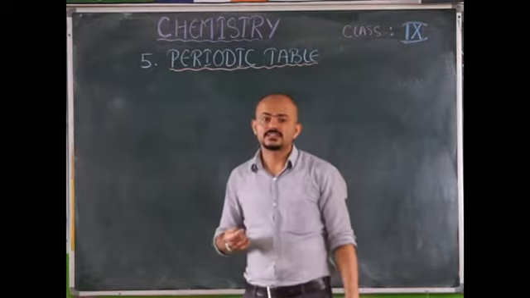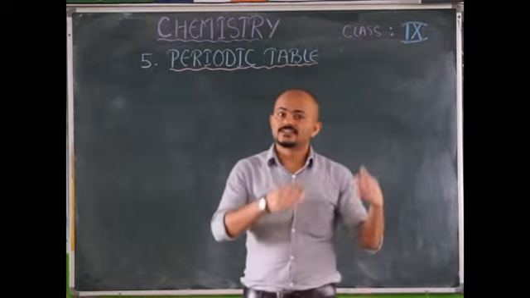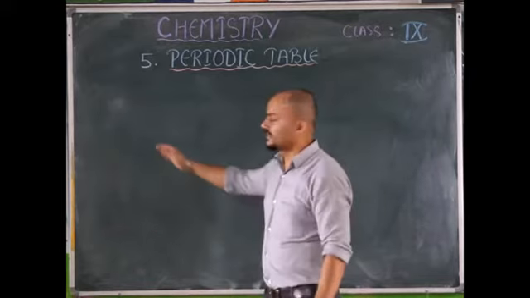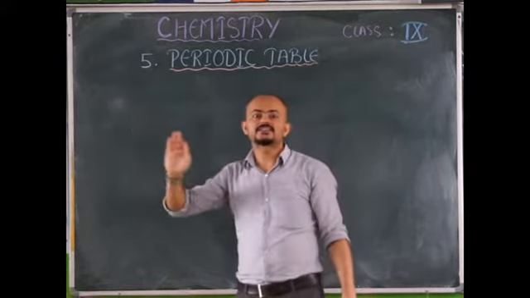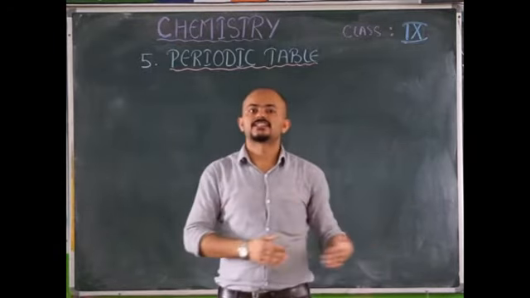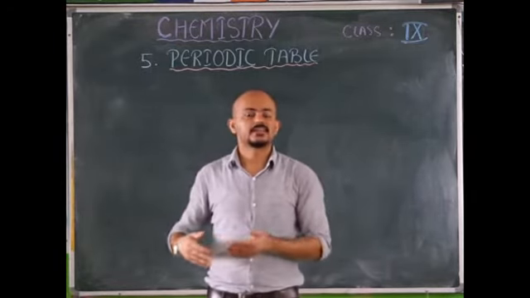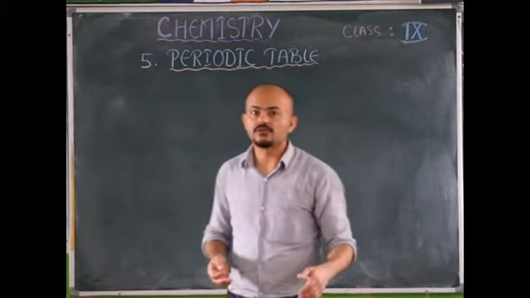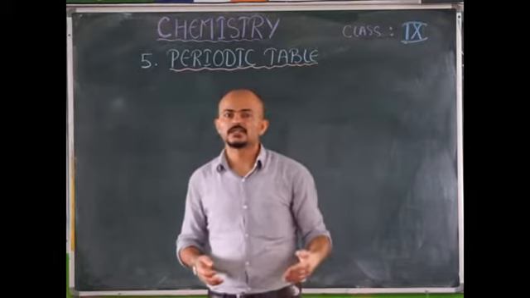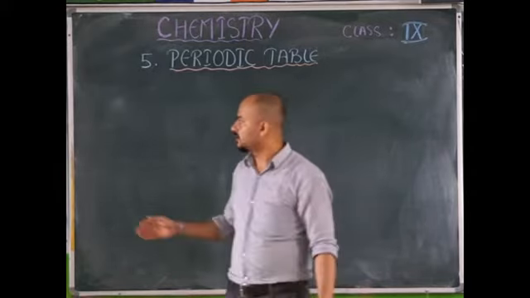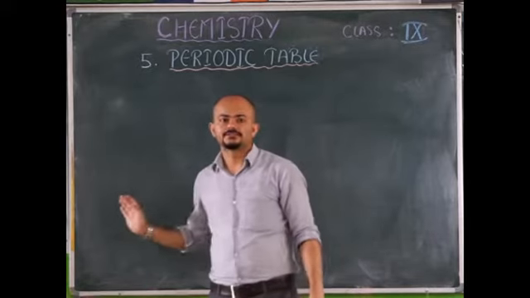Today we will be discussing the theories or laws given by different scientists at their own time, for these elements, which were used to classify elements in a certain pattern.